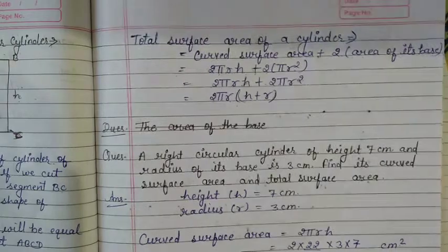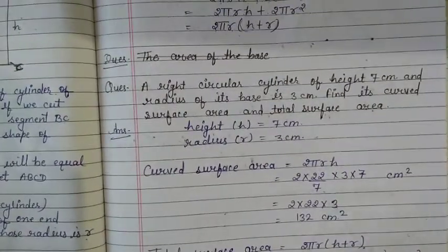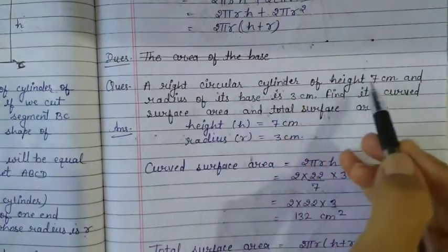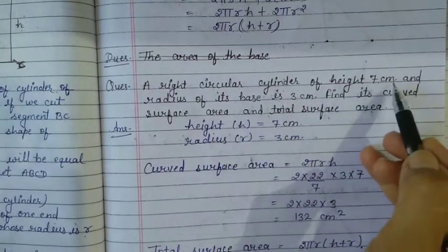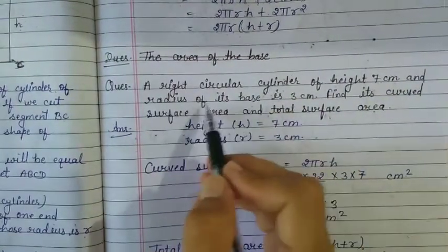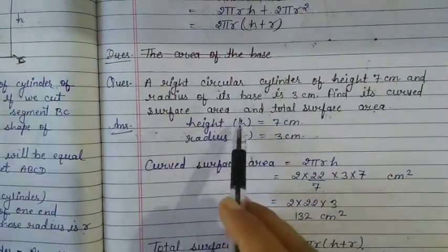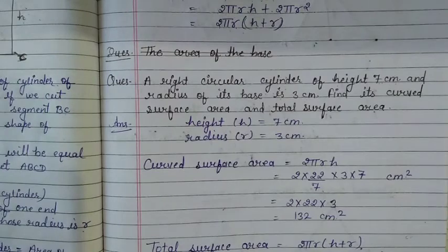Now we will do an example on these formulas. A right circular cylinder has height 7 cm and the radius of its base is 3 cm. Find its curved surface area and total surface area. Here height is given as 7 cm and radius as 3 cm.